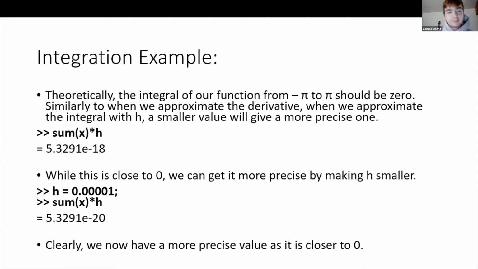It should be nothing. If we approximate the integral using the sum of all f values times h, we get a certain value. And then if we make our h smaller and do the same function, it becomes closer to 0. So this becomes a lot more precise this way.